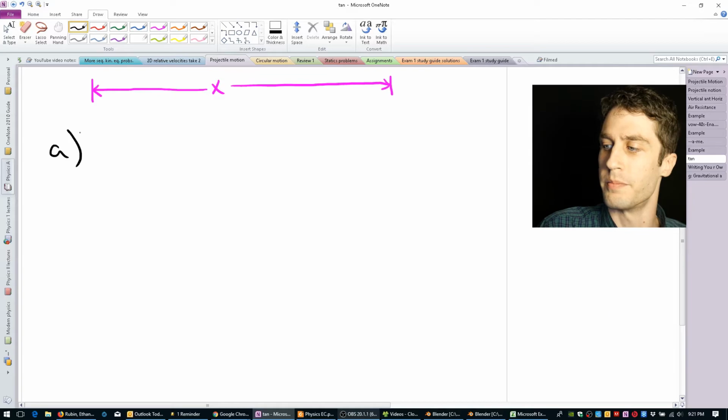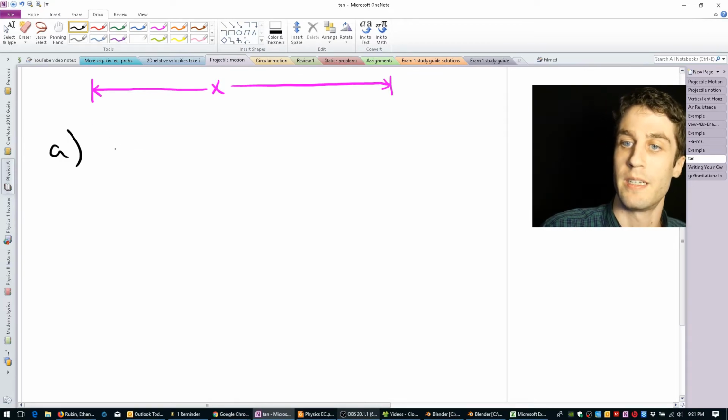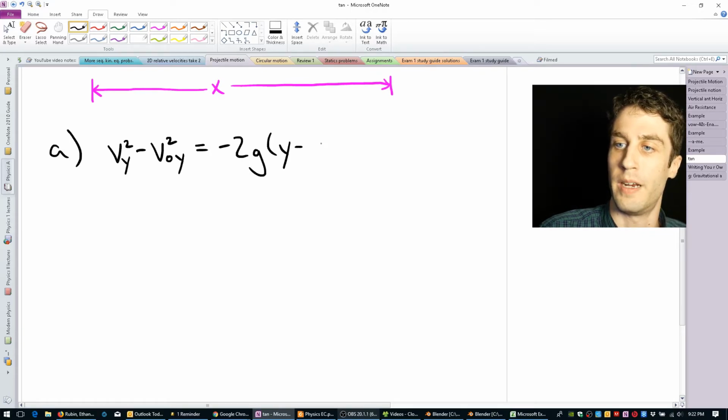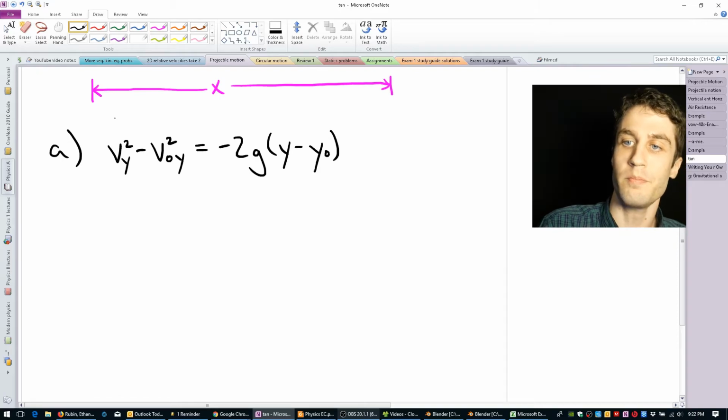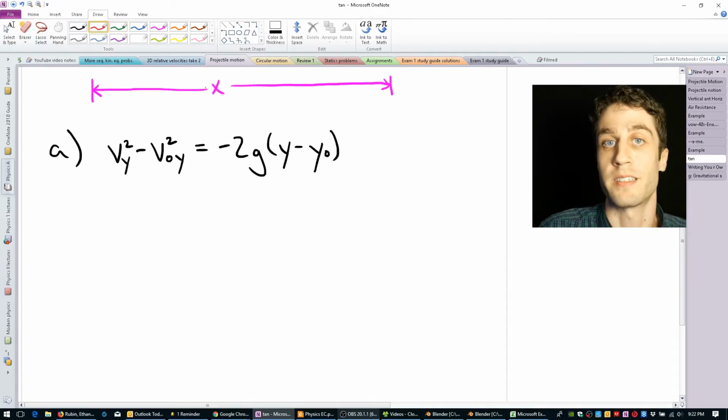So we're given g. Think about it for a little while. But what you should come up with is the kinematic equation that doesn't involve time. And so vy squared minus v naught y squared is equal to negative 2g times y minus y naught.